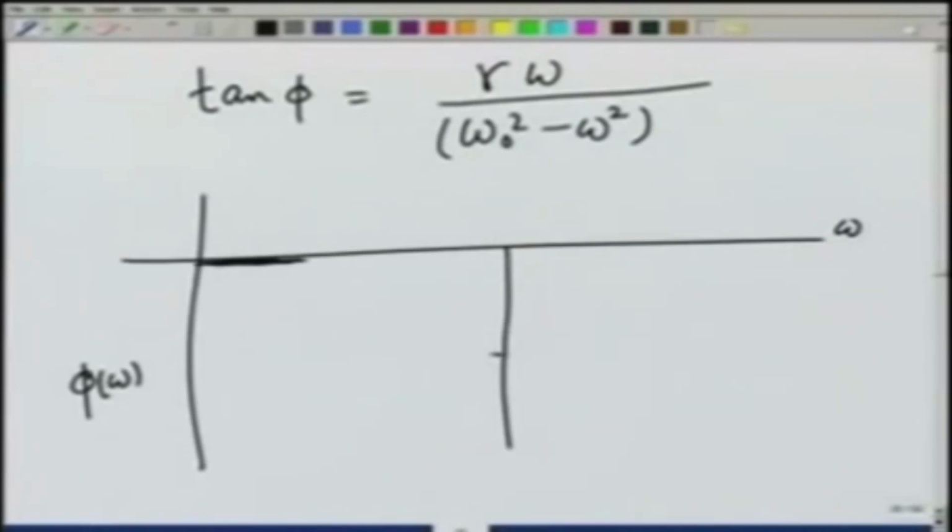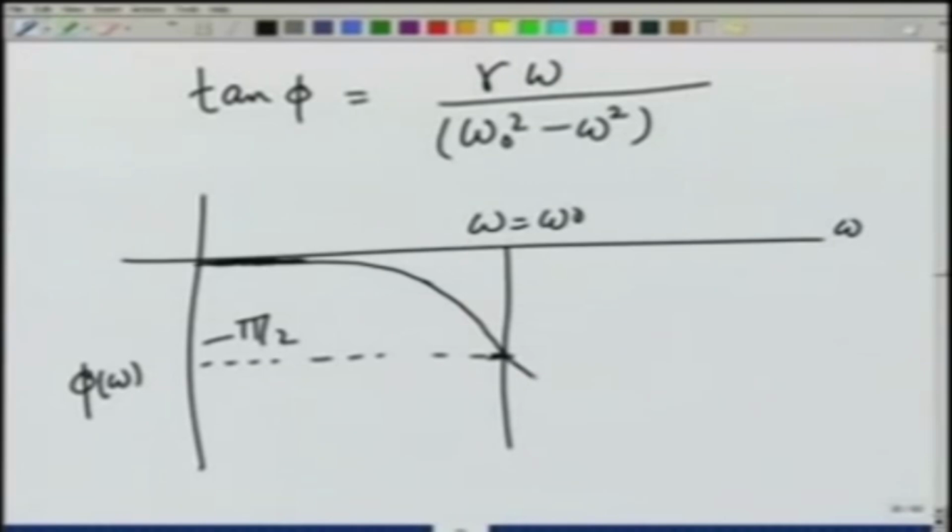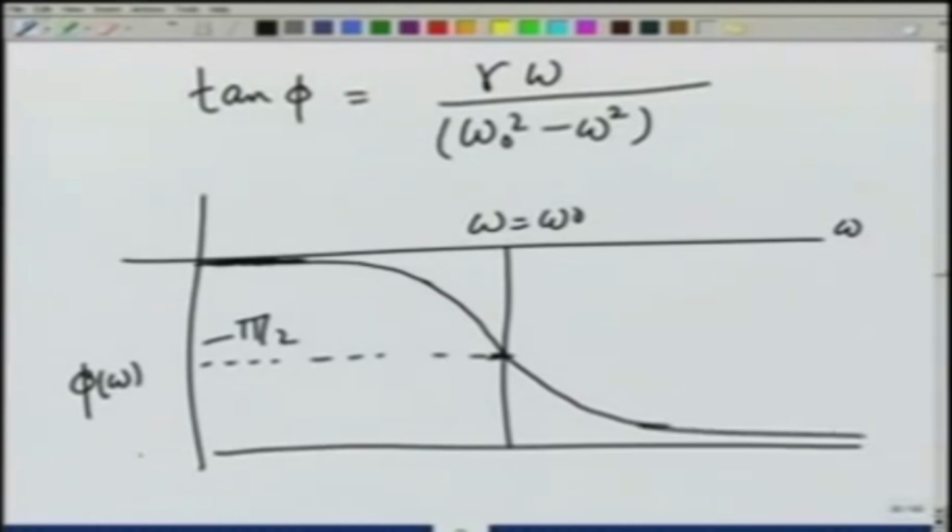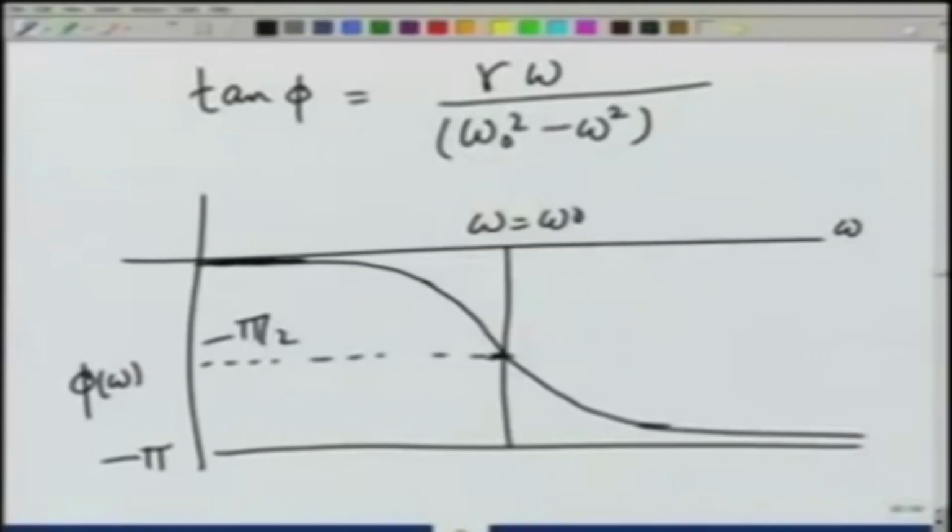Then at omega equal to omega 0, the system lags behind by minus pi by 2. At omega equal to omega 0, the denominator becomes 0, so tangent phi is infinity, and when the frequency becomes large, this is minus pi. The force and the displacement are out of phase by pi. So, when the force is maximum, the displacement is minimum.